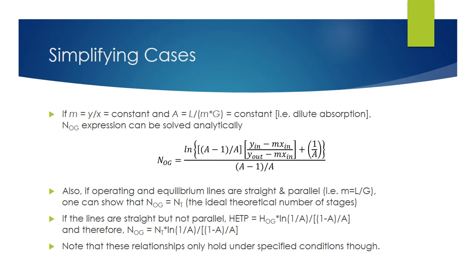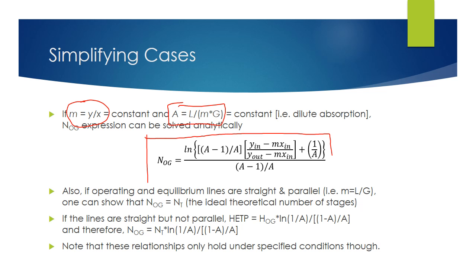So with that in mind, if we do have a constant relationship between y and x, so if this slope of the equilibrium data, y over x, which is equal to m, is constant, then I can integrate that expression and get a symbolic expression as a result. So if I let A be equal to the liquid flow rate over m times the gas flow rate, and that's the same absorption coefficient we used previously for the Kremser equations, if I know that value, then I can analytically solve for the number of transfer units, and I get this expression.